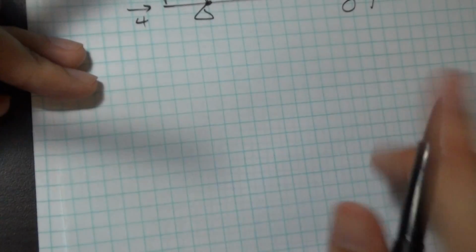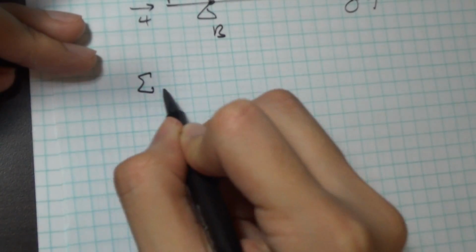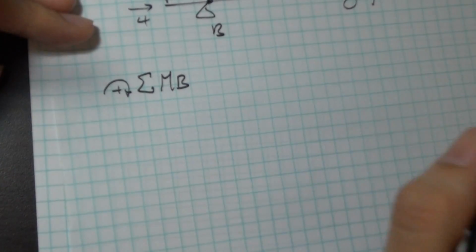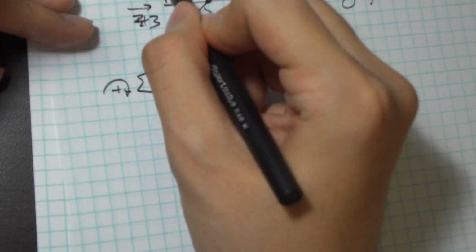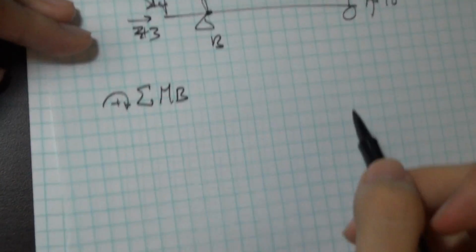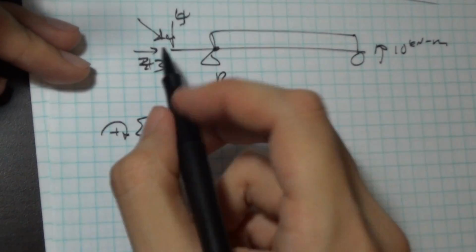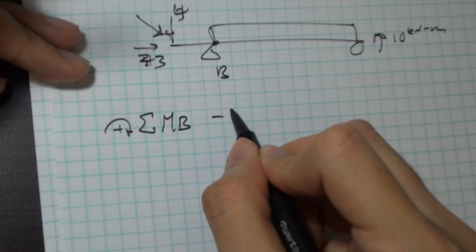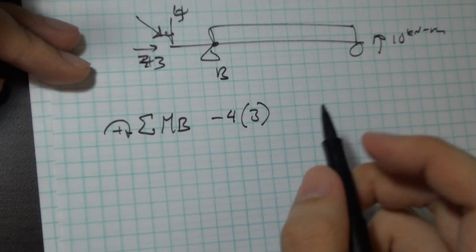So if I do the moment about B, and let's say that clockwise is positive, I could have done counterclockwise positive, it really doesn't matter. If I do clockwise positive, the 4 kilonewton force is acting in the counterclockwise direction, so it's negative. It is 3 meters away from B, so this becomes a 3.